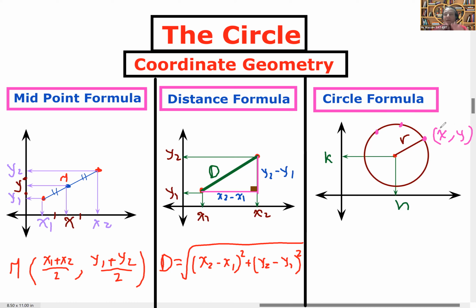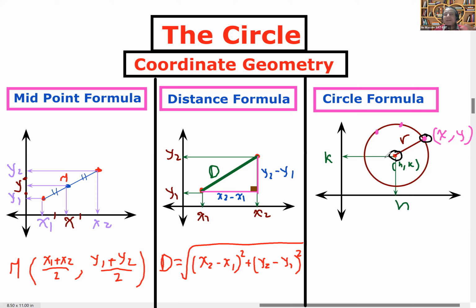So any point on the circle, I have a lot of x and a lot of y, an infinite number of points. And the distance between this point and that point is r. Can we do the distance formula between x and y and h and k? y minus k square, x minus h square, x2 minus x1, y2 minus y1, under the root equal r.